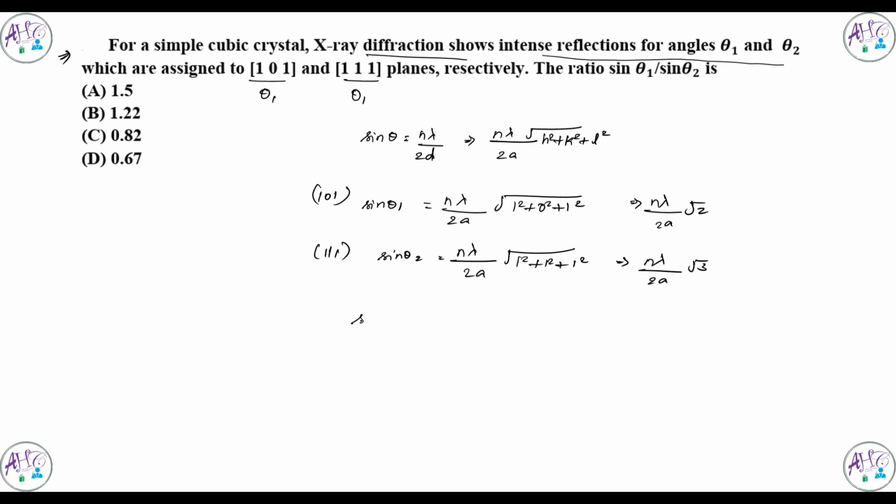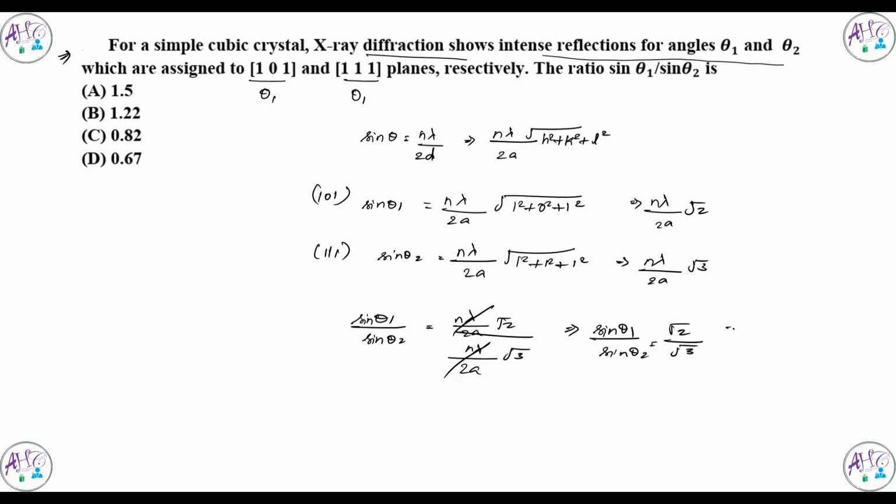So your sin theta 1 by sin theta 2 is going to be equal to n lambda by 2a root 2 divided by n lambda by 2a root 3. So now n lambda by 2a cancels, and your sin theta 1 divided by sin theta 2 is going to be equal to root 2 by root 3.